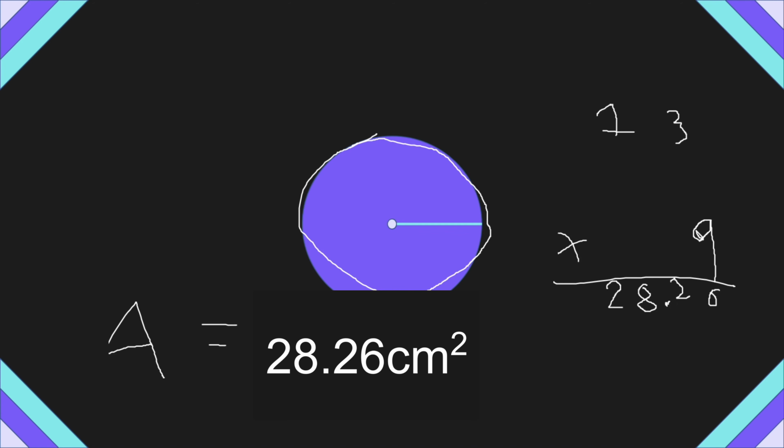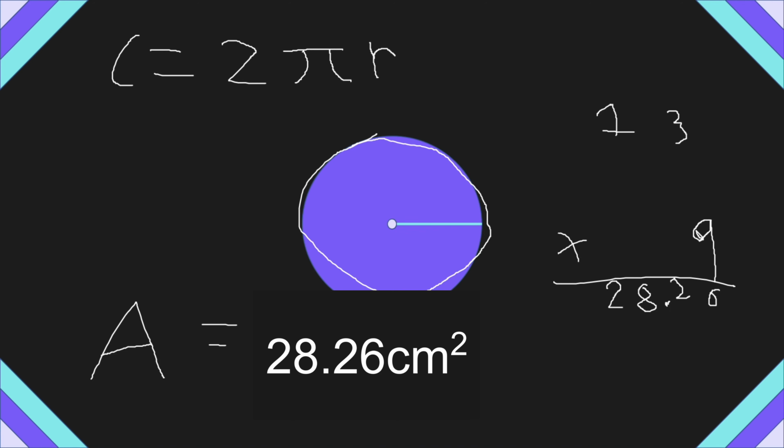Okay, so the circumference is equal to, now this is the formula for circumference, 2 times pi times the radius, or 2 pi r.